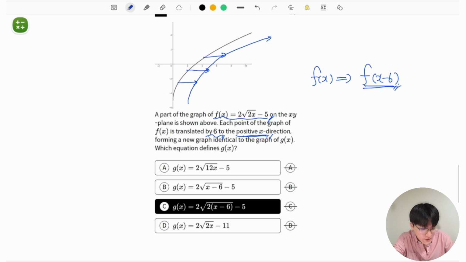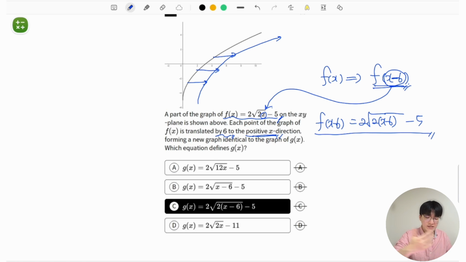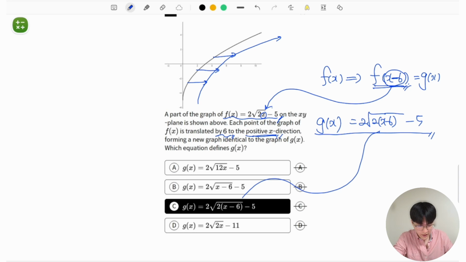Be careful of that negative sign. Once we plug that x minus 6 into the original equation where x belongs, that is our translated formula, which we know is g(x). And our answer is answer choice C.